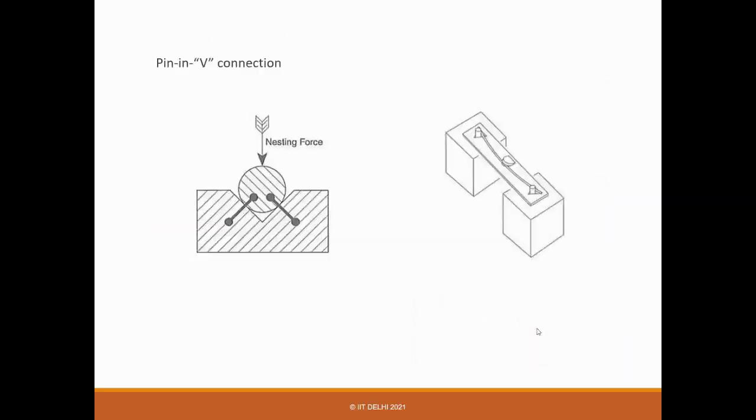So what is the way? Another principle we talk about many times is, instead of going for conformal hole and pin design, a pin in V connection. This is a very important concept because many times in the industry, if we are talking precision, we talk about conformal surfaces, and actually that's a mistake.